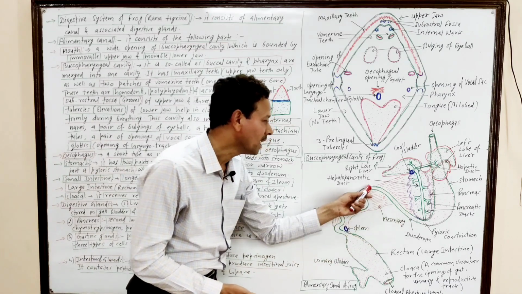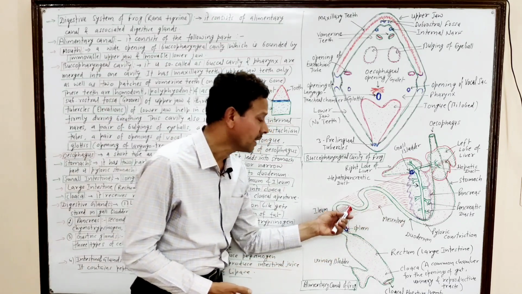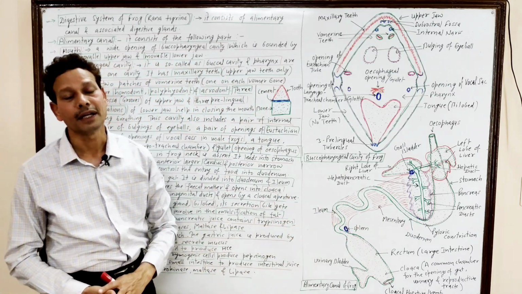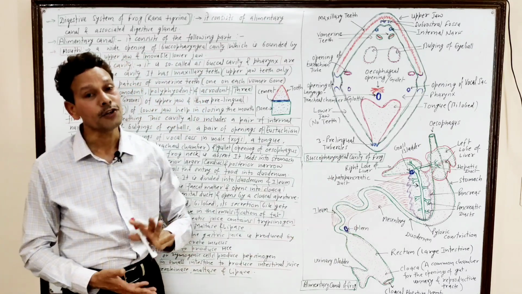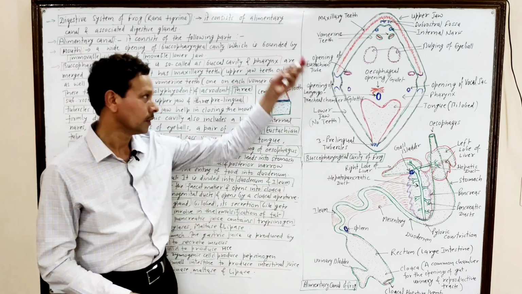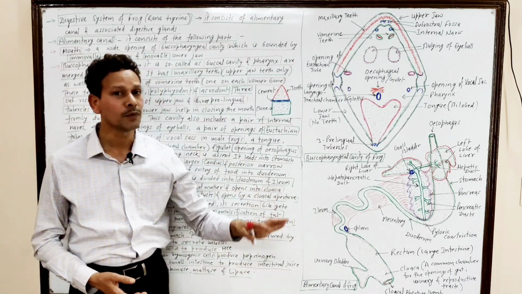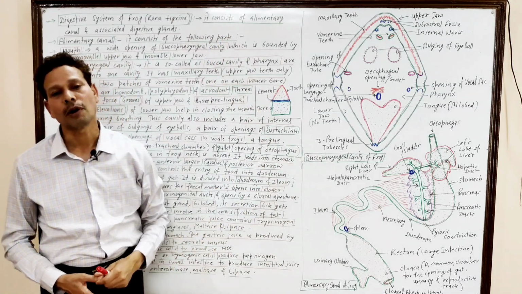And the small intestinal glands secrete intestinal juice, succus entericus, that contains all types of enzymes for the digestion of starch, proteins and lipids. So this is all about the alimentary canal and digestive glands associated in the digestive system of frog.